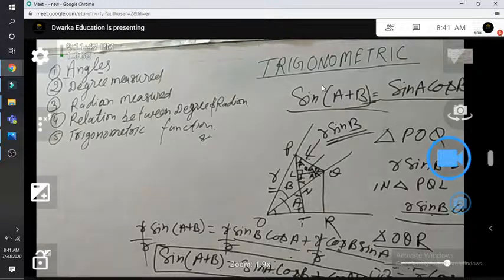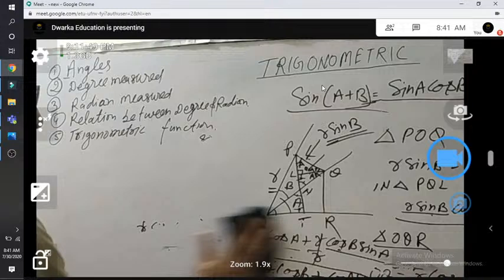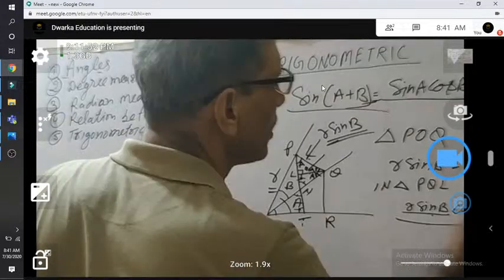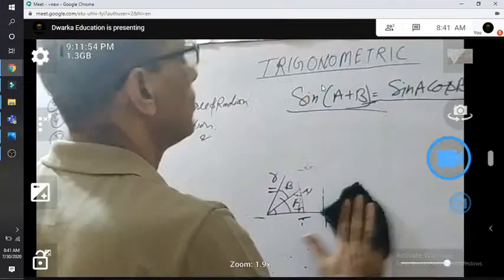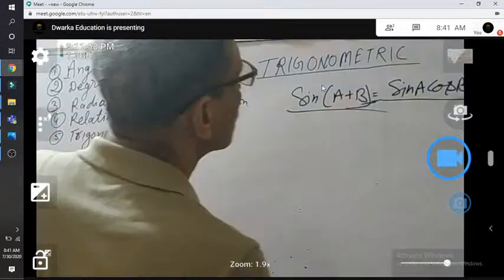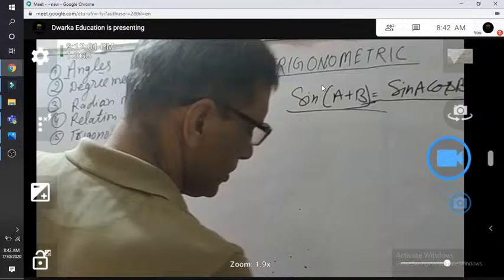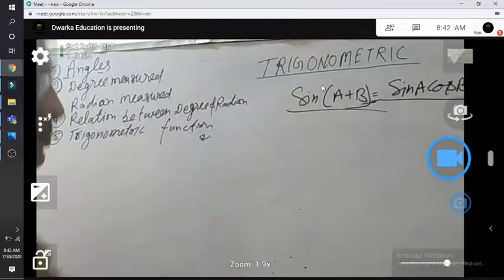So there is no doubt about this property that sin A plus B is equal to sin A cos B plus cos A sin B. So this rule is shown by me.